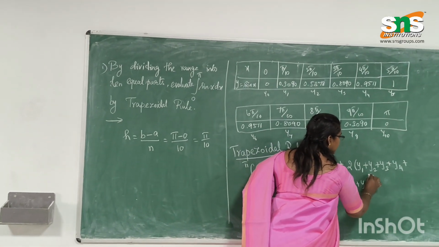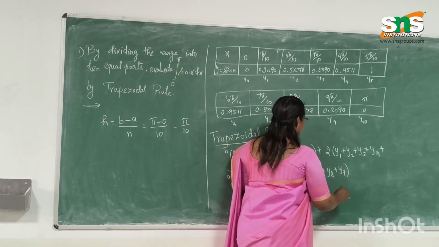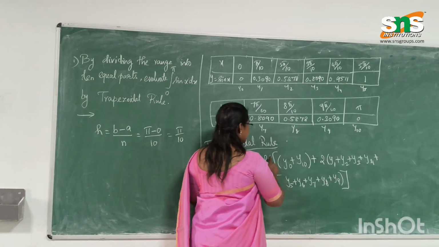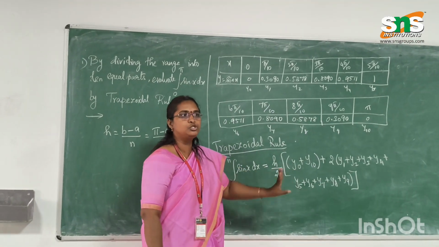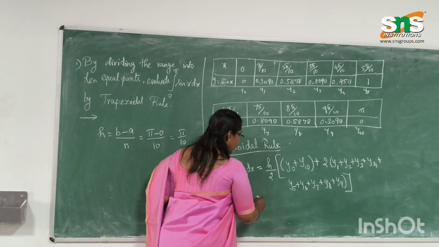Close this bracket, because h by 2 is common to these two terms. Now we write all the values.